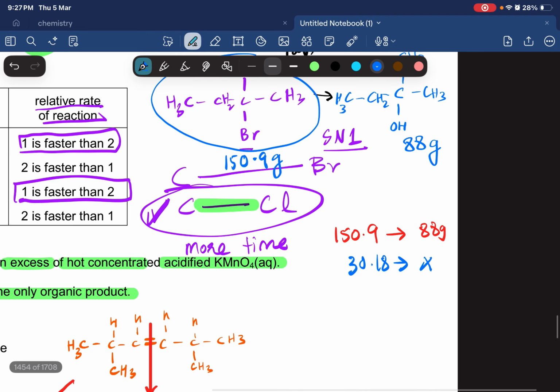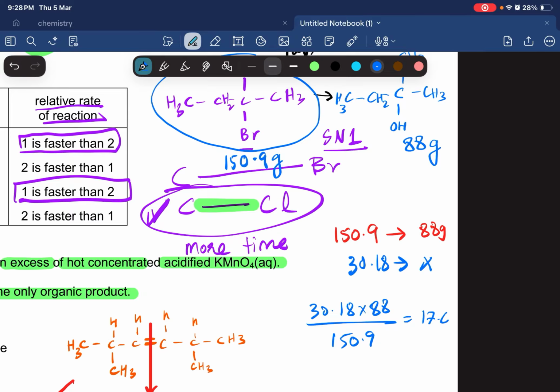Now let's see how much product I should get in theory. 30.18 times 88 divided by 150.9, and I should get 17.6 grams of my product.